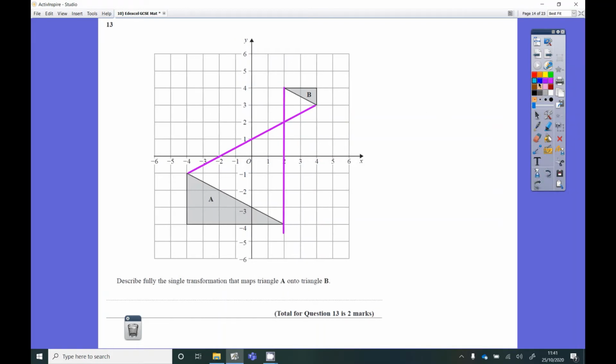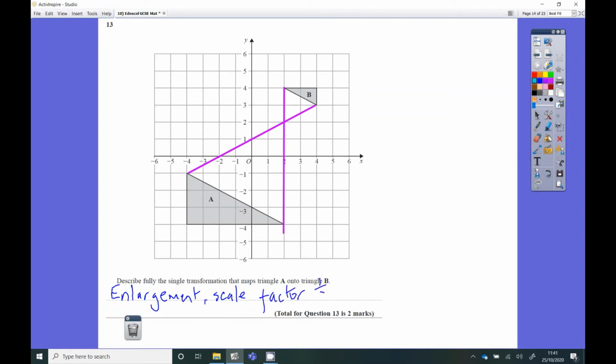So our answer should be enlargement scale factor 1/3. So we're going from A to B, not B to A. Scale factor 1/3. Each of the lengths is 1/3 as long.